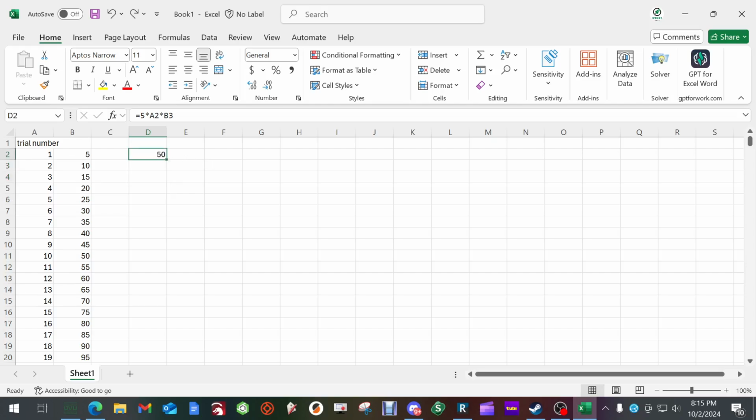We want it to stay always B3. This is where you click your cursor there and hit a dollar sign, and now if I drag it down, it's always going to be that same B3 value. Those are important because that's what we're going to use for this project.